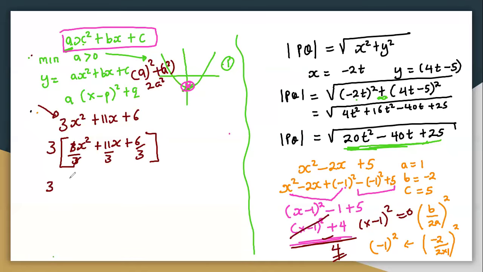So I'll get 3 into x squared plus 11 out of 3 x, then plus 6 out of 3, which is 2. Members, can you let me know through the chat whether you have picked this step? Is that step fine? The moment you open, you must be able to get the original thing.